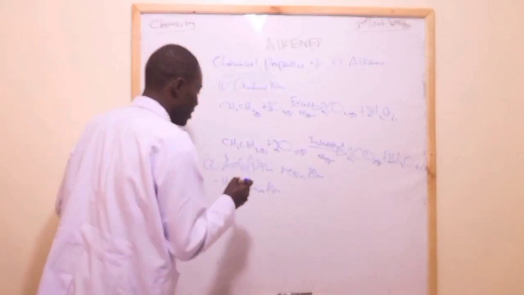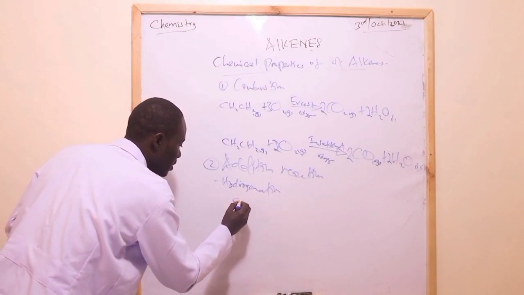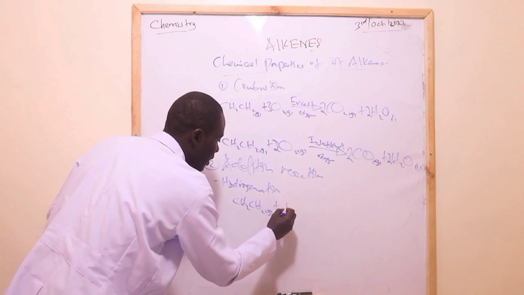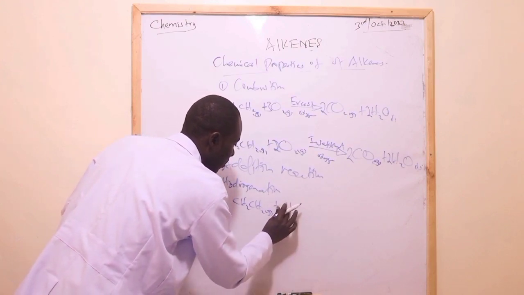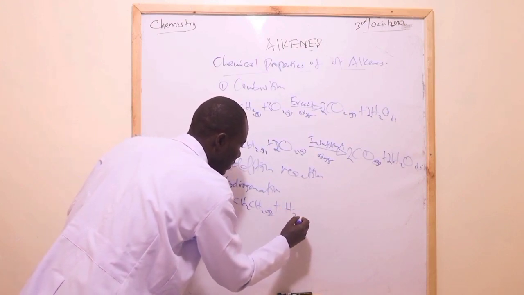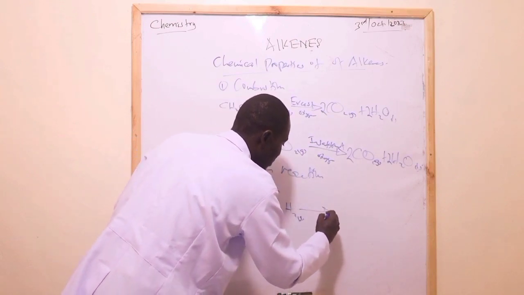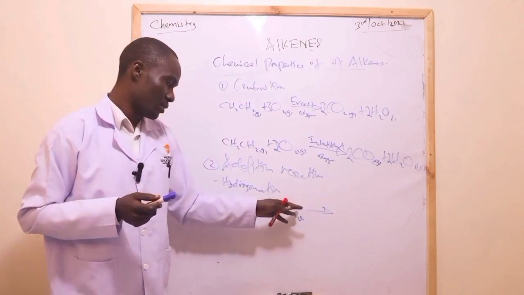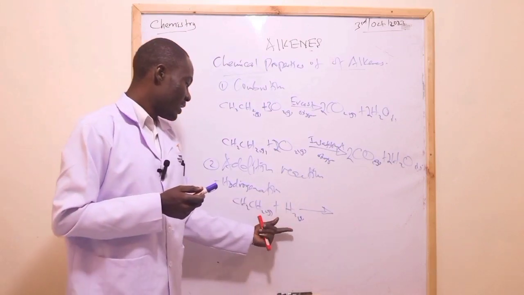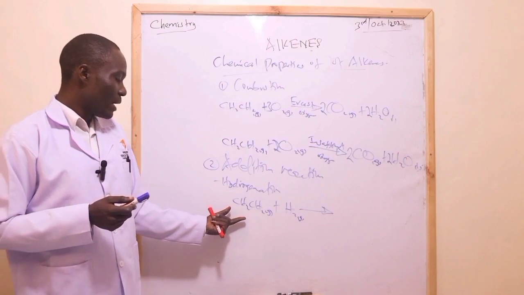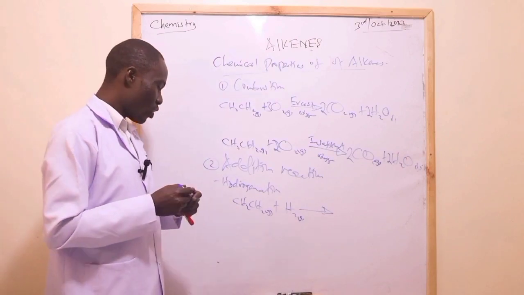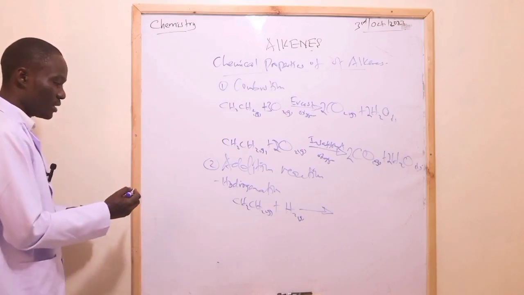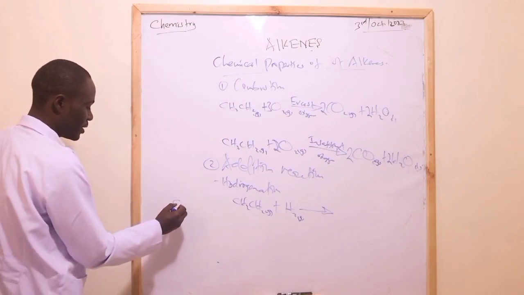So ethene, C2H4, reacting with 1 molecule of hydrogen this way. Because as you know, hydrogen is a diatomic substance or gas. So in this case, when I write the open structural formula of this, it means that I can show the bonding, it exists this way.